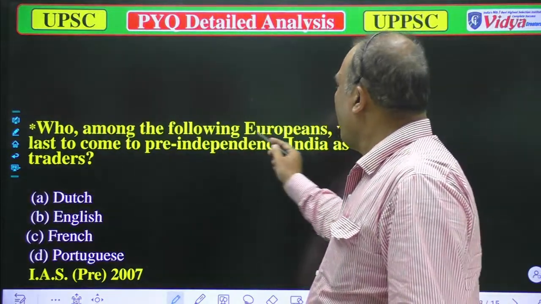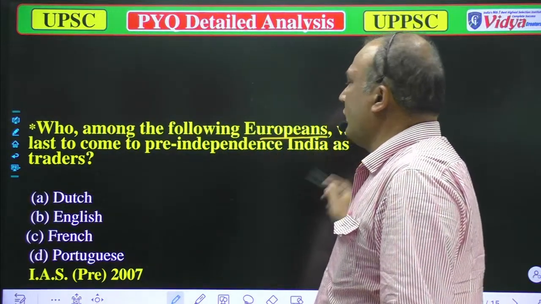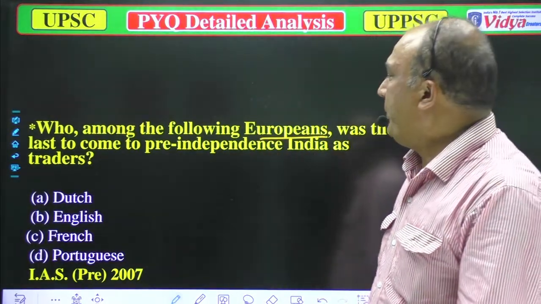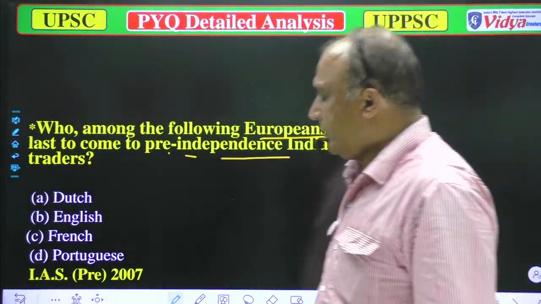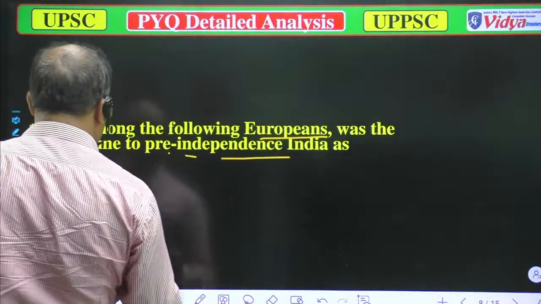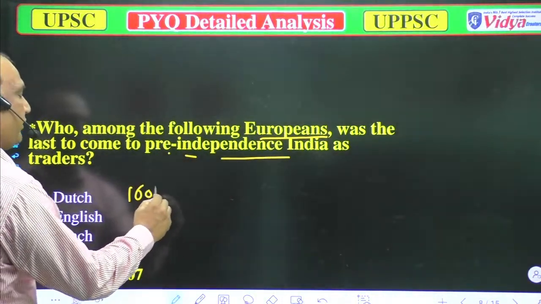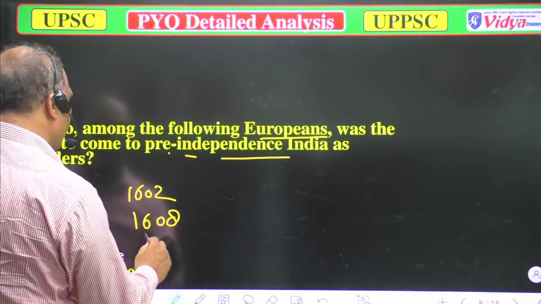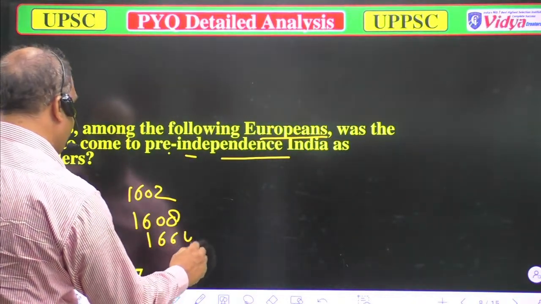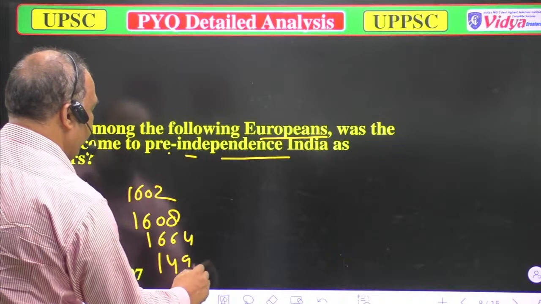Who among the following Europeans was the last to come to pre-independence India as traders? Now we can see the Dutch came to India in 1602, English 1608, French 1664, and Portuguese 1498.